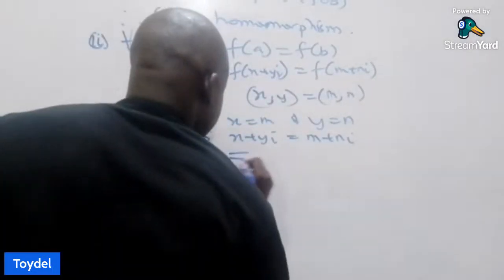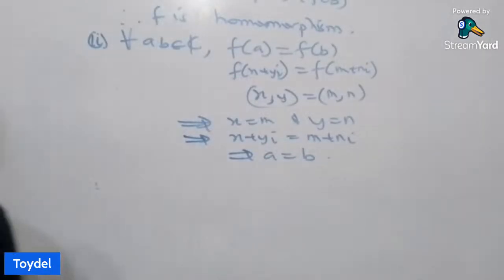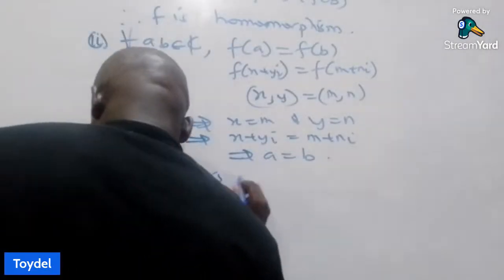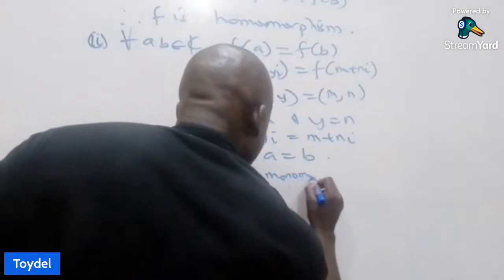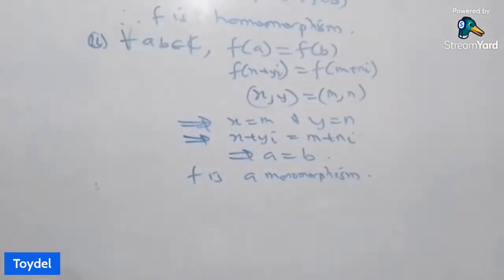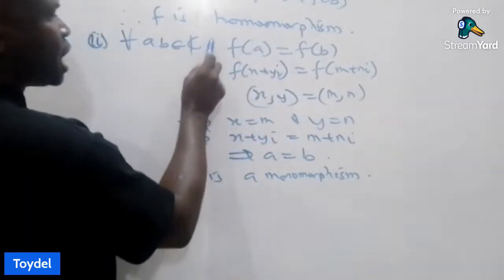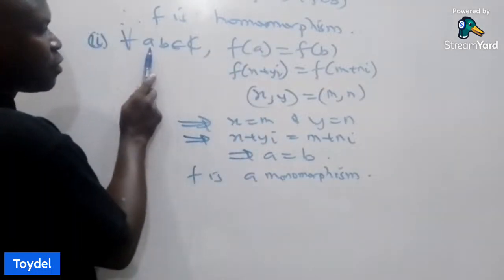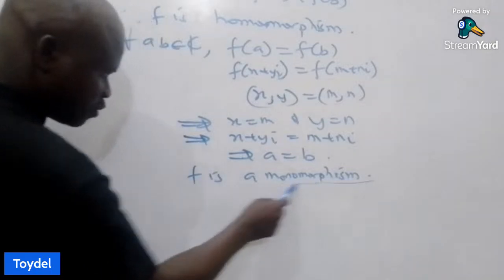Then therefore, this implies that A is equal to B. Then f is a monomorphism. No, we have to show that f is isomorphism. But since f is homomorphism and it satisfies the one-to-one condition, at this point f is a monomorphism.